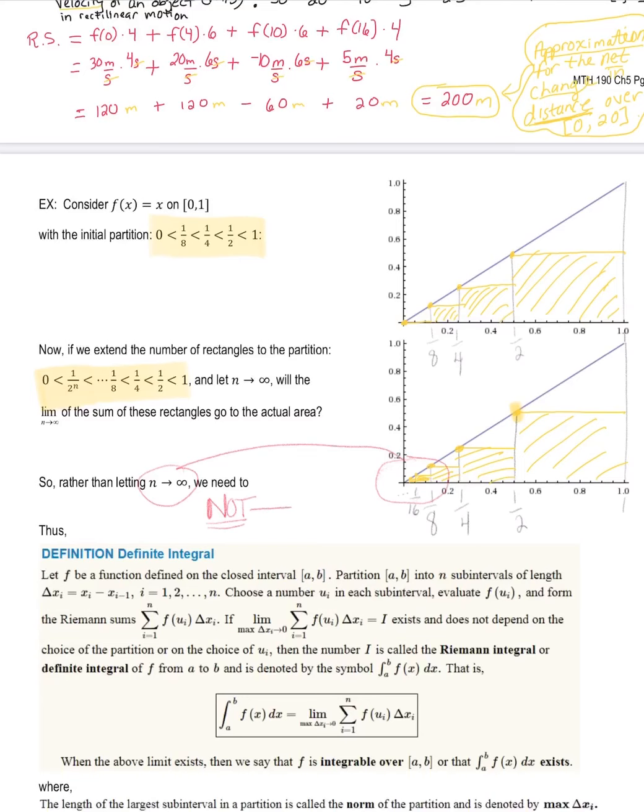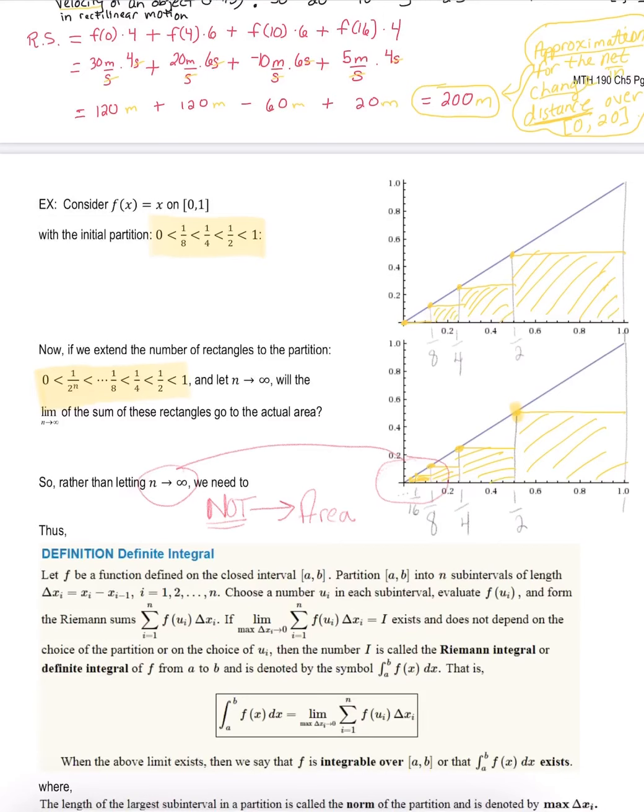I am not approaching my actual area under the curve because it's not doing anything about the primary error that we saw in the very beginning, where we have all this white space. I used left endpoints, but it's not doing anything about all of this initial error.